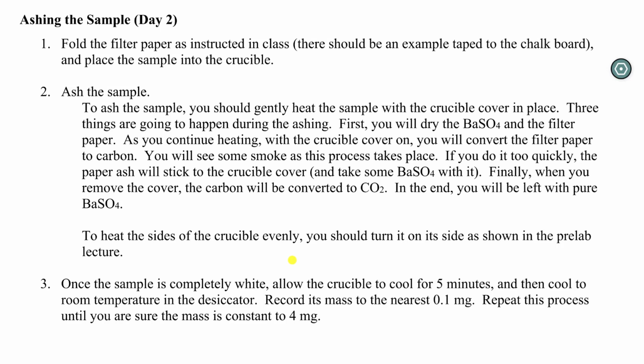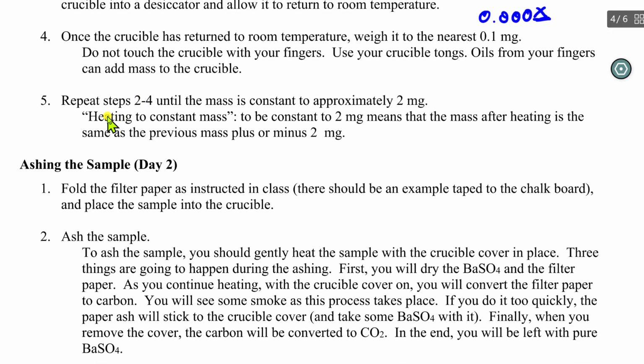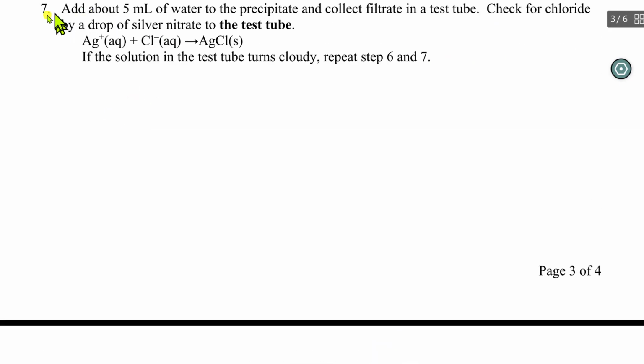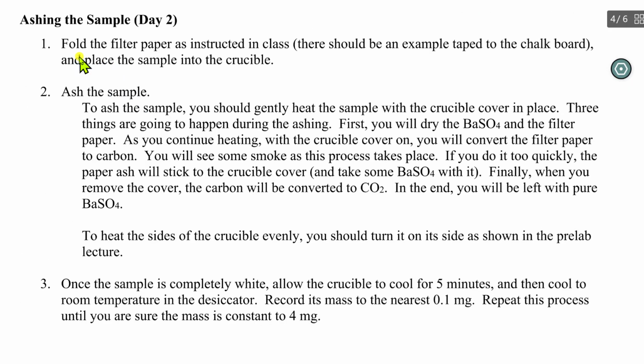Now, if you haven't heated your crucibles, we may still have you do that, but you need to make sure that you properly label whatever container you put that filter paper in after day 1. Okay, so whatever comes out of here. Right. There's a video that shows you how to fold that and put that in a crucible, so make sure you watch that video so that you don't mess it up.